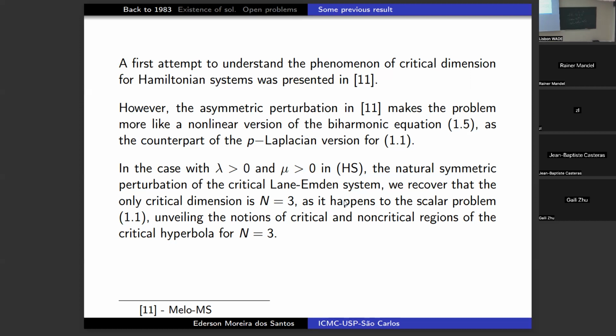But we are not happy. For the natural perturbation, the one that I'm talking about today, we recover that n equals 3 is the only critical dimension, as happens for the scalar problem, but we unveil the notion of critical and non-critical regions of the critical hyperbola.